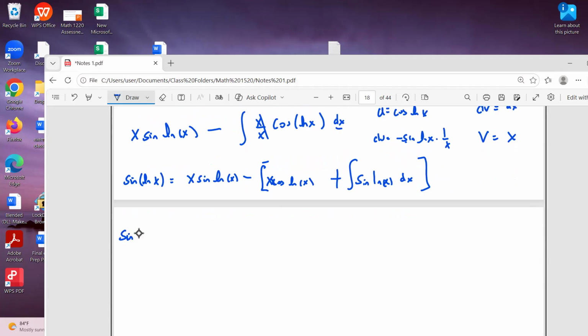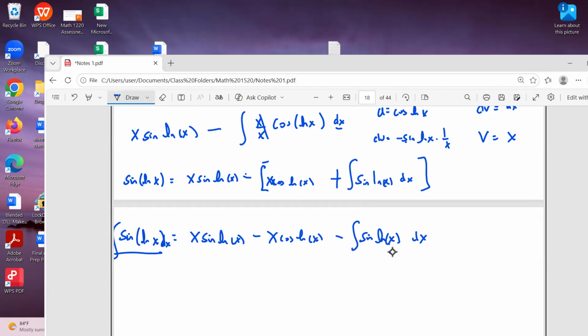The integral of sine ln x is equal to x sine ln x minus x cosine ln x, distributing the negative sign, minus the integral of sine ln x dx. Wait a minute, I've seen this before. This integral of sine ln x dx is what we were asked at the beginning.